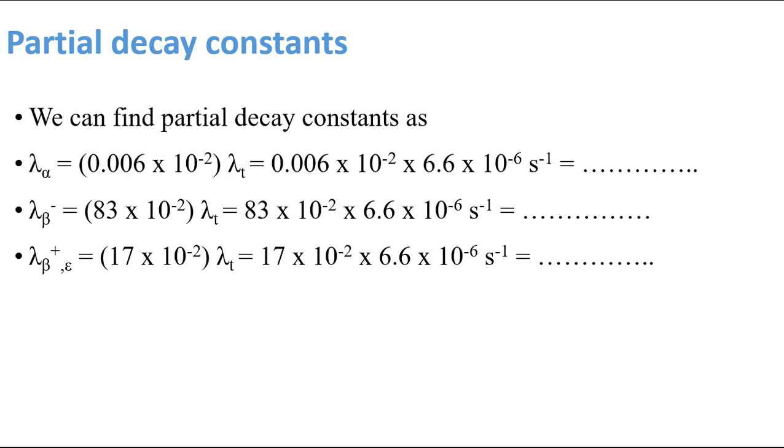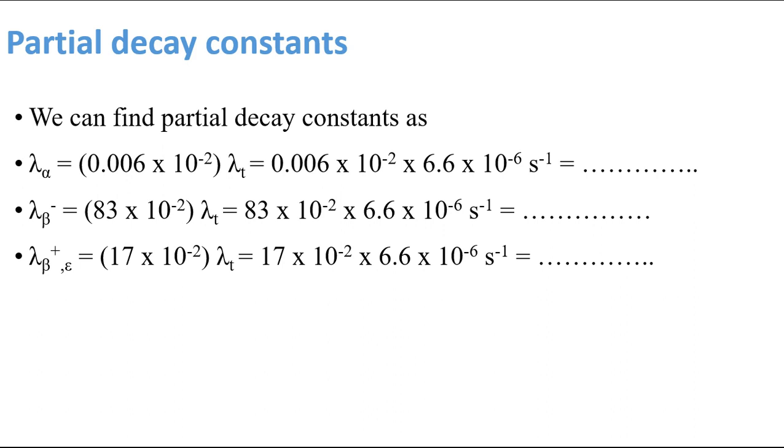Similarly, the partial decay constant for negative beta decay can be calculated by multiplying the total decay constant with its occurrence probability of 83%, and after substitution of lambda t you can find the partial decay constant for beta minus.